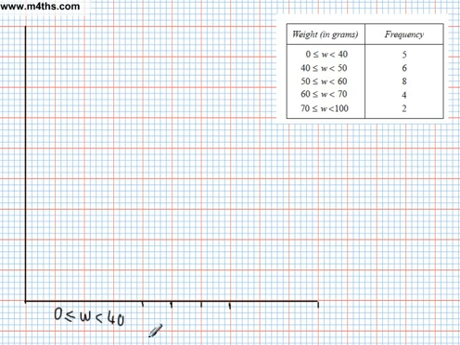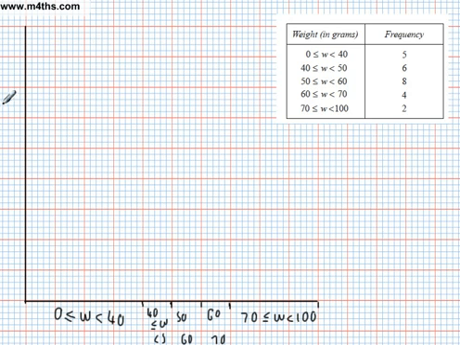I'd write that vertically if I was able to: 40 included, weight less than 50. And again, this one would be 50 to 60 with the same notation. This would be 60 to 70, same notation. And then finally 70, which is included, so the weight is between 70 and 100, 100 excluded.